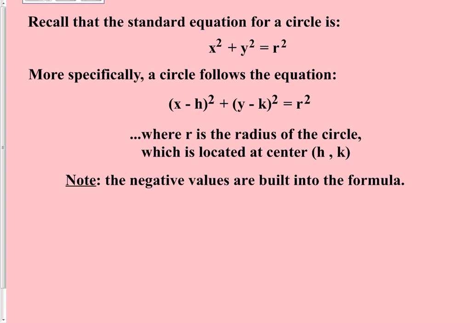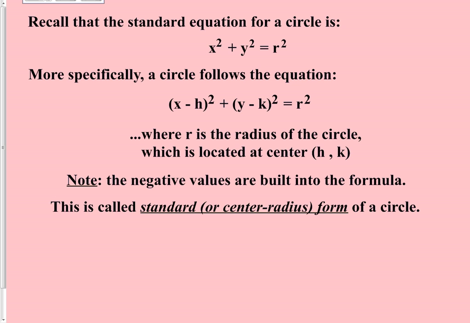So when we are in this particular format, the graph of the circle is very easy to understand, and this is what is referred to as standard form of the equation of a circle. Sometimes you will run into this called center radius form, and specifically they call it that because it does provide you with the location of the center and the length of the radius.